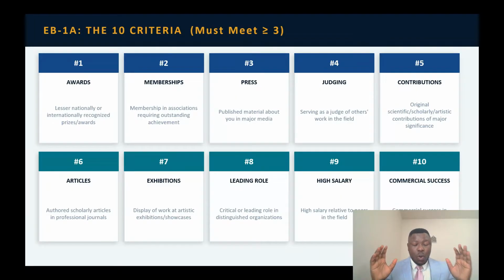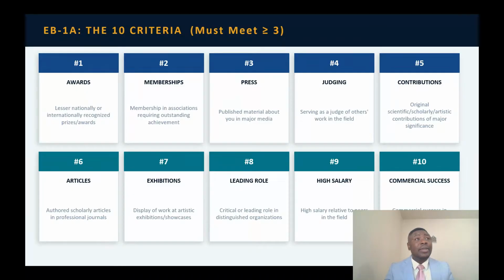So, what if you want to file for EB1? These are the 10 criteria, and you need to meet only 3 out of these 10. If you meet 3 out of these 10 criteria, then the officer will move to the second step of the adjudication.